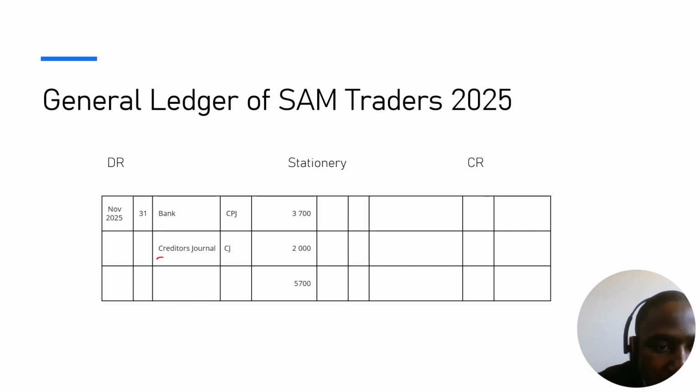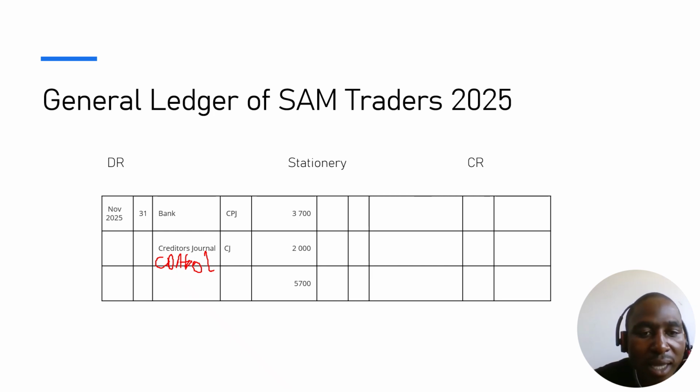There must be creditors control here, not creditors journal. We said that everything from the creditors journal, we write it as creditors control. So we write CJ on folio because it is from the creditors journal, and we write 2,000.